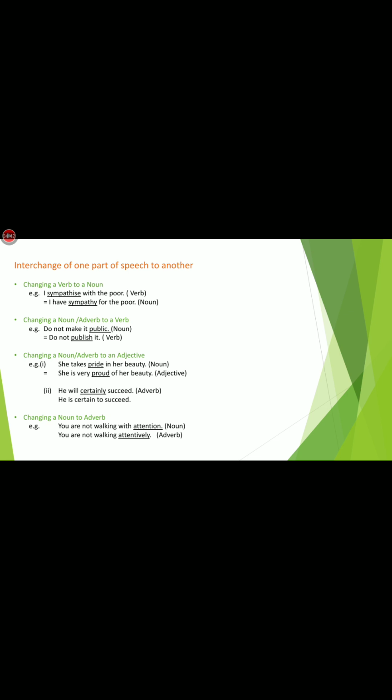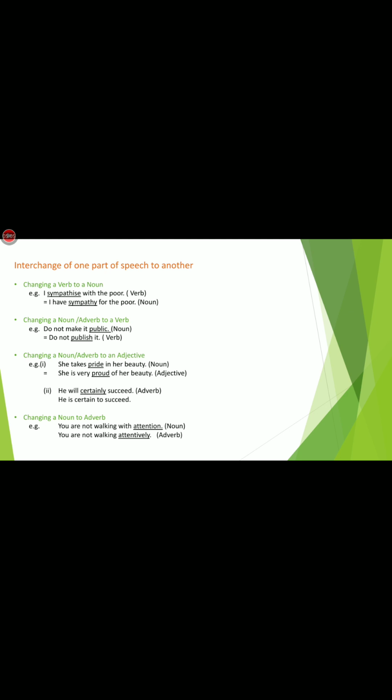Now we come to the next method of interchange. This is from one part of speech to another. That is, what are the parts of speech? Verb, noun, adjective, adverb, preposition, interjection. Okay. So here we have verb to a noun.